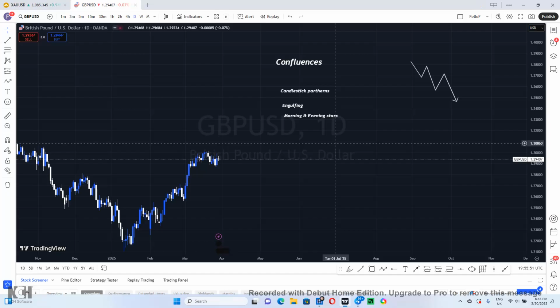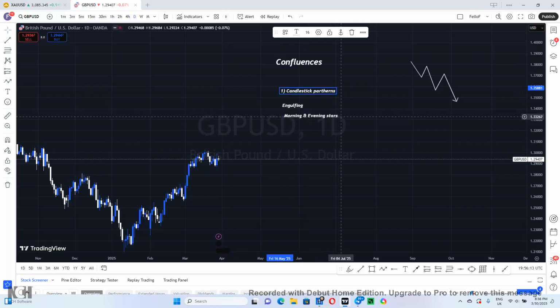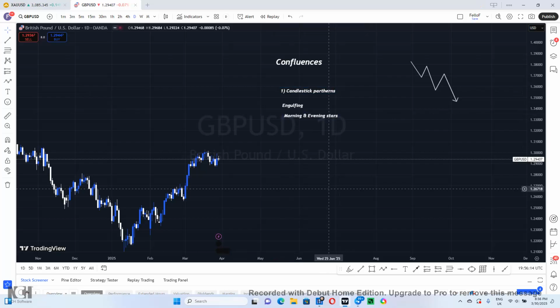I also have chart patterns. So number one is what we call candlestick patterns. Here we'll look for our number two.